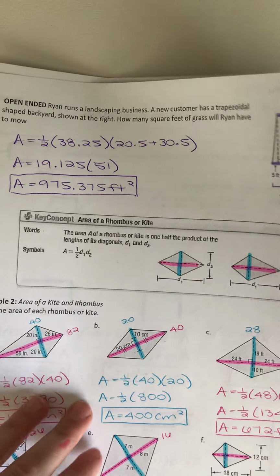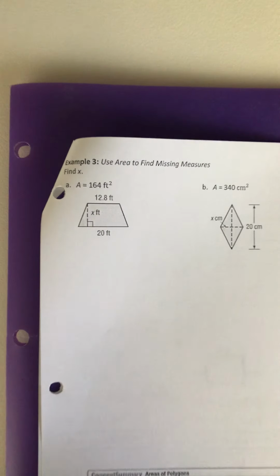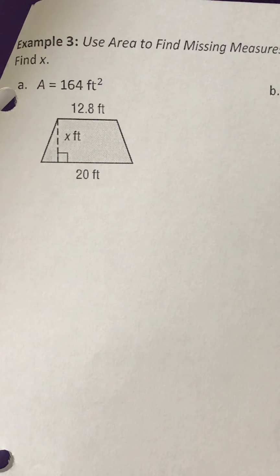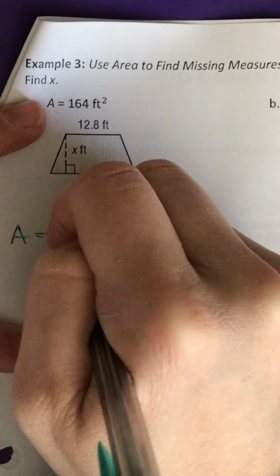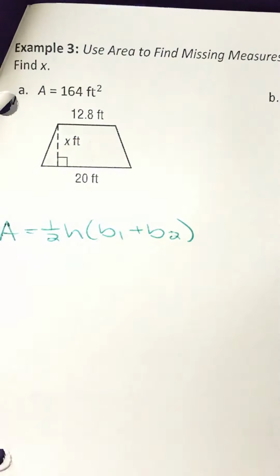All right, last page of this packet is similar to what we've done, where I give you the area and we're finding the missing information. So the first one is a trapezoid. If you remember my formula, area equals 1/2 height times base 1 plus base 2.